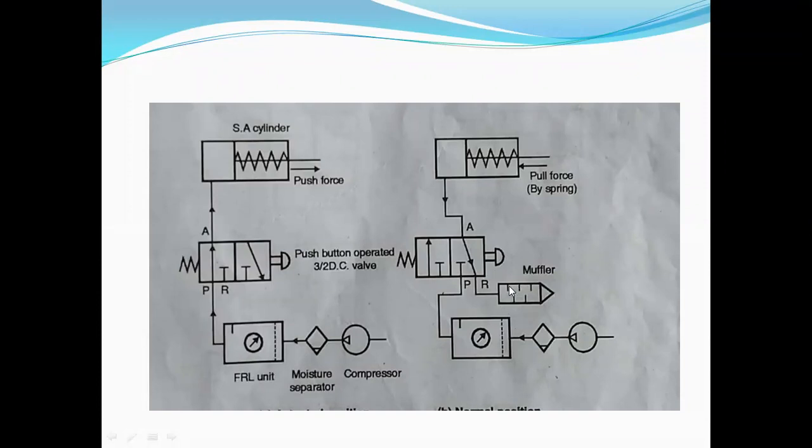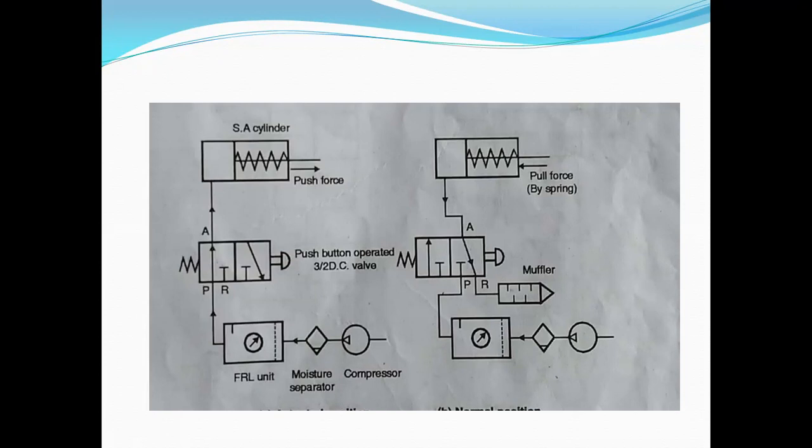As I said, the muffler or silencer is the part which releases the system air to the atmosphere while minimizing the noise.